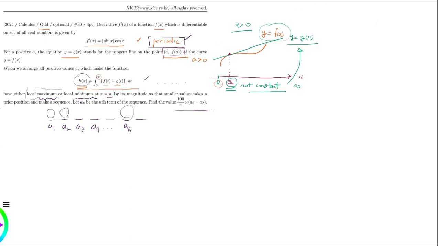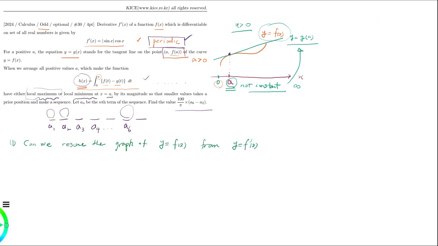So let's take a look at the point of this problem. The first one, can we resume the graph of y equals f(x) roughly from its derivative?